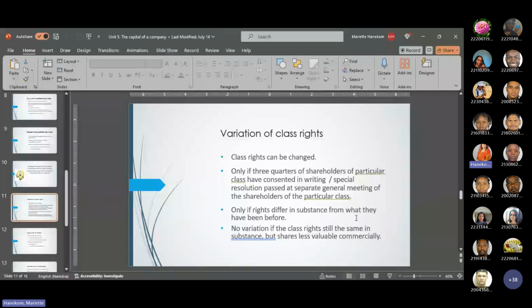Because when we get to Unit 8, when we talk about general meetings and voting and who may vote and who may not vote, you need to decide. I will tell you what they're voting about, what the topic of the content of the resolution is. And you need to decide, must the preference shareholders vote? Or does this decision not affect their class rights, so they have no voting rights?